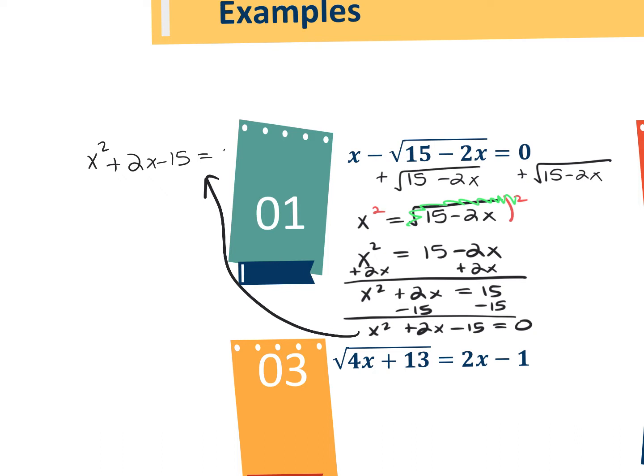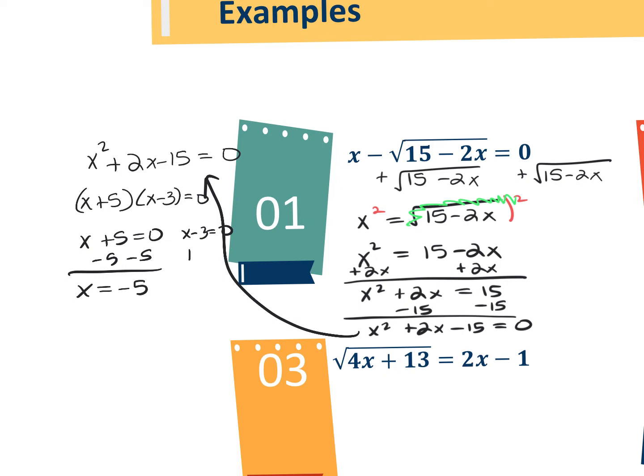So my factors of negative 15 that give me positive 2 are going to be positive 5 and negative 3. I then set each of my factors equal to 0. x minus 3 equals 0. Subtract 5, x equals negative 5. Add 3, and x equals positive 3.